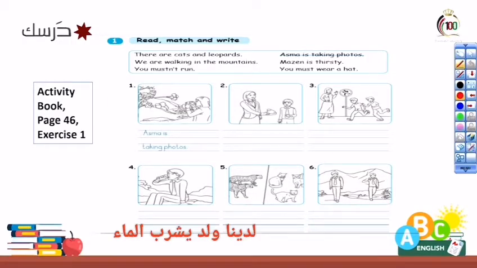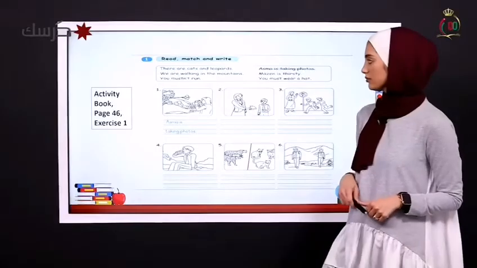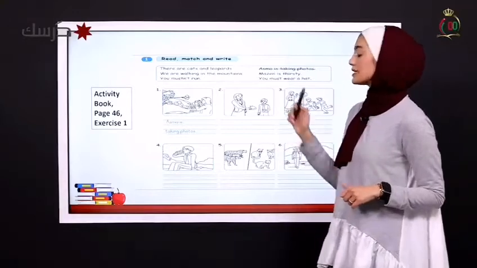Maybe he's thirsty. In picture 5, we have 2 leopards, 3 cats. And in the last picture, we have 2 boys who are walking, okay? These are the 6 pictures that we have. Now, let's read the sentences that we have.